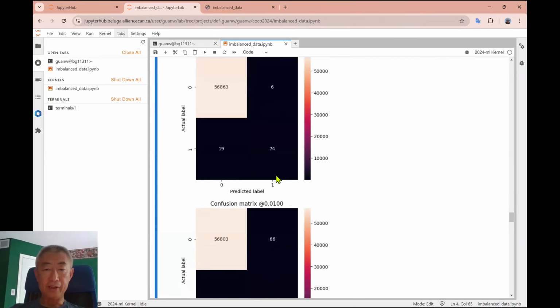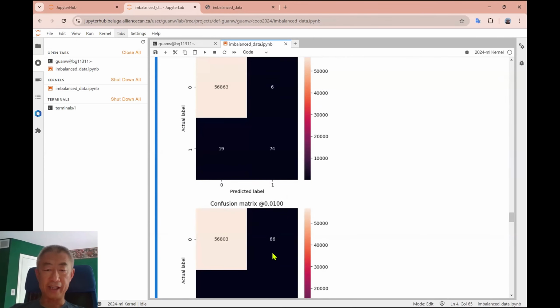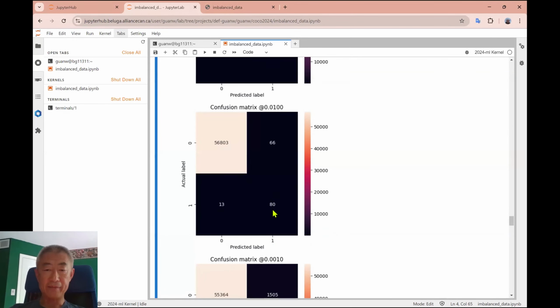So that's it. If we change the threshold to make it smaller, we will have a higher detection rate, like 80, but at the cost of an increase in false positives.